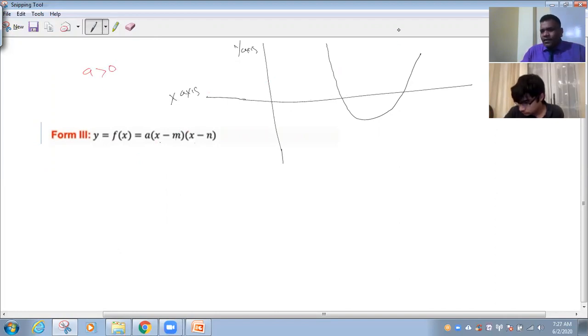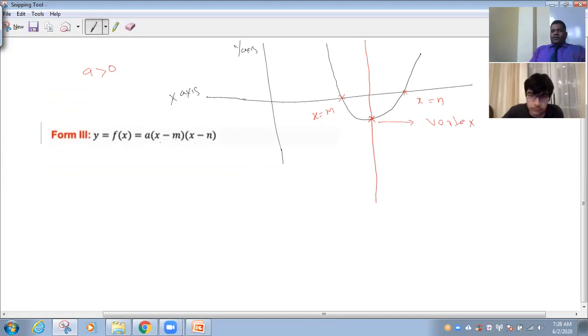That is fundamentally the same. And here, the parabola cuts the x-axis at m and at n. So definitely the axis of symmetry will be like this, and the coordinate of this point is the vertex. The coordinate of the vertex we need to figure out.